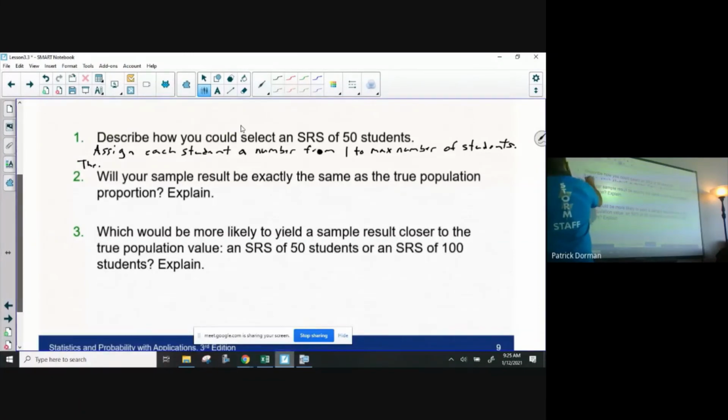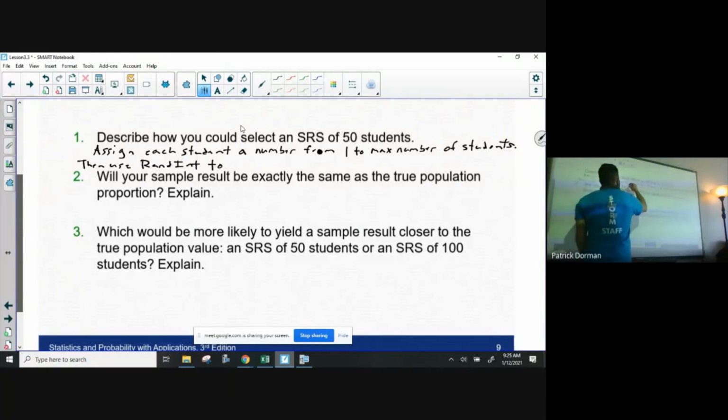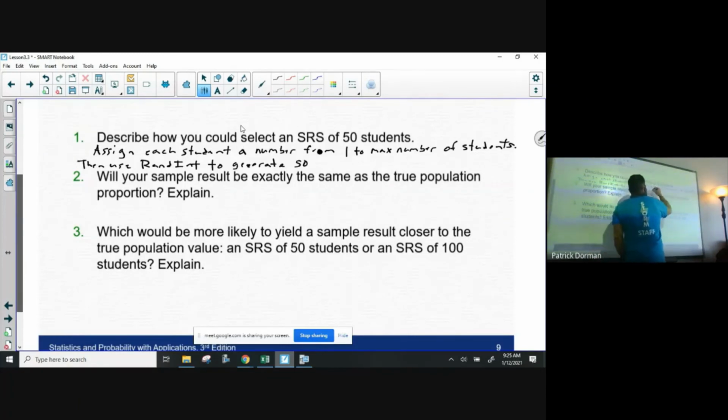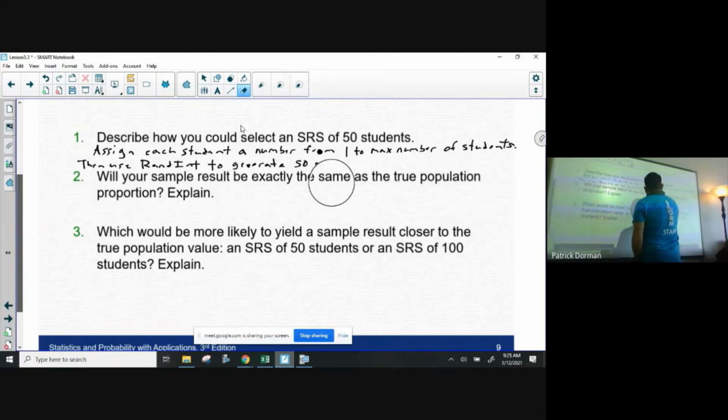Then use randInt to generate 50 numbers. I don't know why I keep trying to start with an M when I spell a number. 50 numbers.